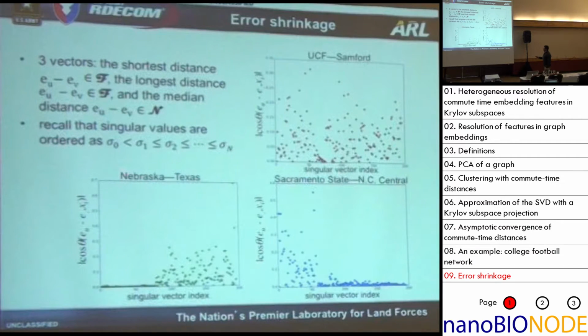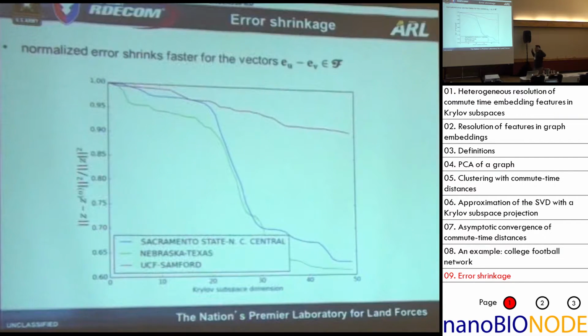The short distance ones, 2 FBS schools, which play each other, exactly the mirror image. And this one, FBS school and an FCS school, which don't play each other, the expansion coefficients are all over the place. And we form a low rank approximation to EG, and we see exactly the asymptotic convergence that the theory would predict. The median one converges slower than the shortest and the longest.